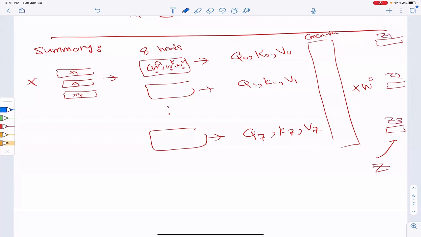So remember, the output of each encoder, there are 3 vectors. Here, the length is 64 because we have 3 inputs. You concatenate 8 of them, you get 8 times 64, 512, and then you add another linear projection, you get your final embeddings.